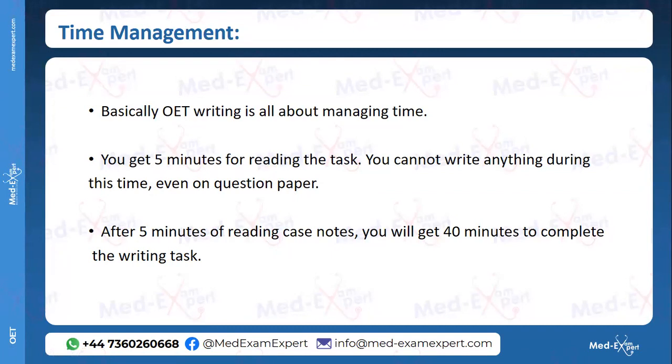I'm just giving you an idea of what happens in the OET writing subtest. After 5 minutes of reading case notes, you will get 40 minutes to complete the writing task. It is the time in which you have to show your performance regarding the writing. And believe me, if you do not manage the time correctly and appropriately, you're going to struggle. But don't worry, we have got your back.